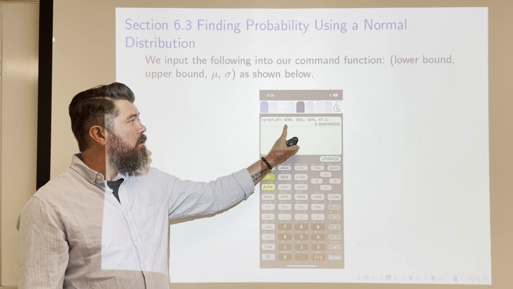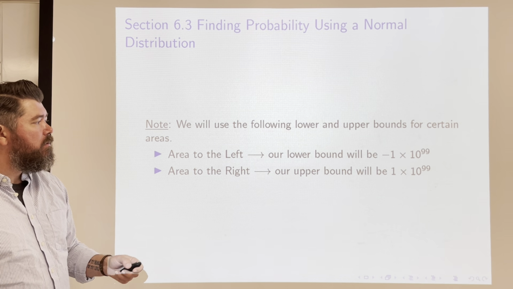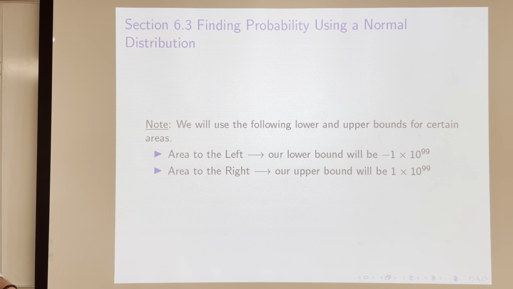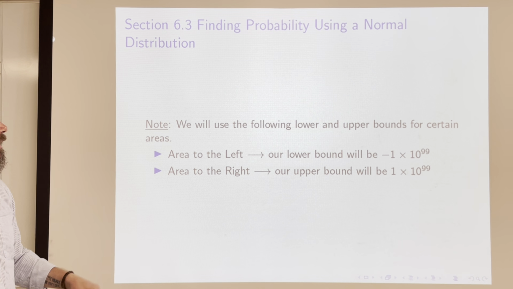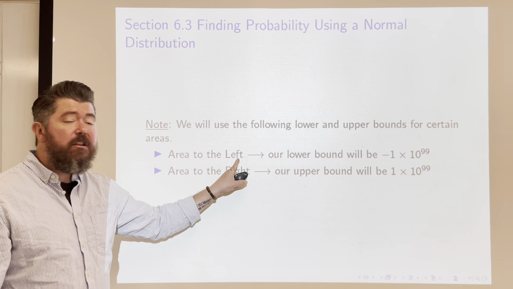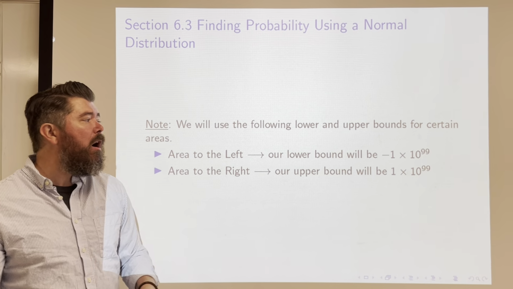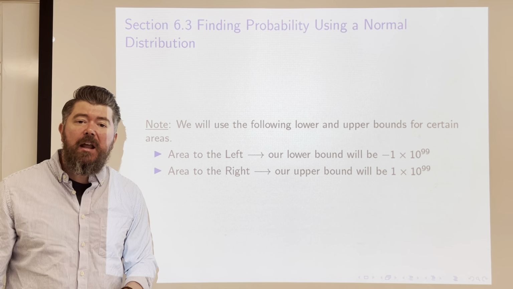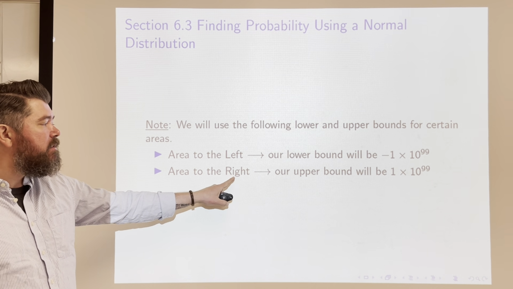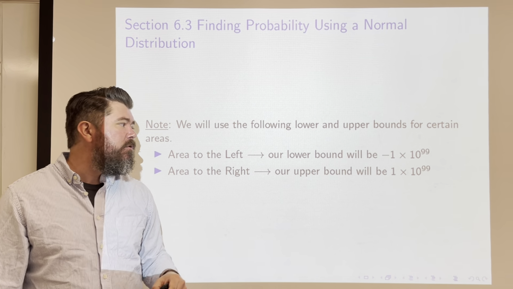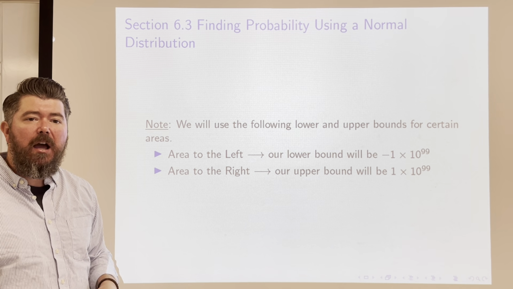Now, a question here is, what is our lower bound? Note, we will use the following lower and upper bounds for certain areas. If it's an area to the left, our lower bound will be -1 times 10 to the 99th. If it's an area to the right, our upper bound will be 1 times 10 to the 99th.